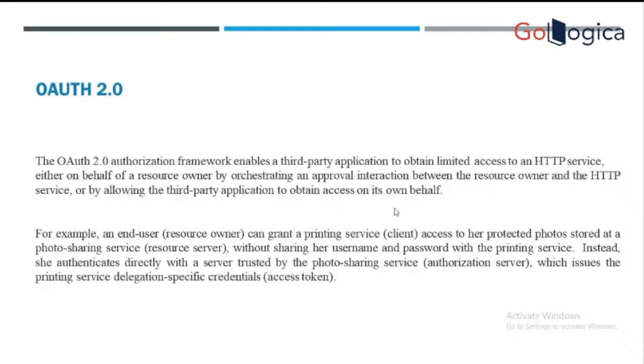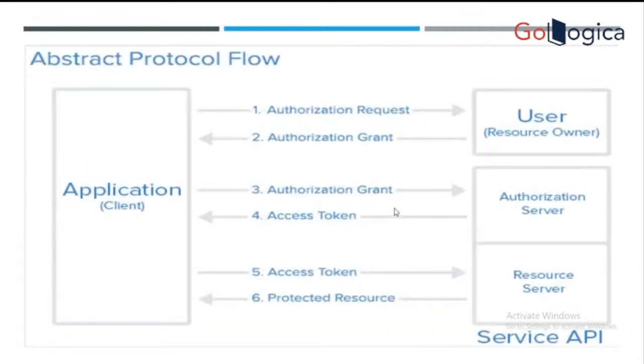We need to validate our access token, and that access token has a validity and carries a mark of the user's credibility. So all these things are supposed to be checked and validated when we do the OAuth 2.0 flow.